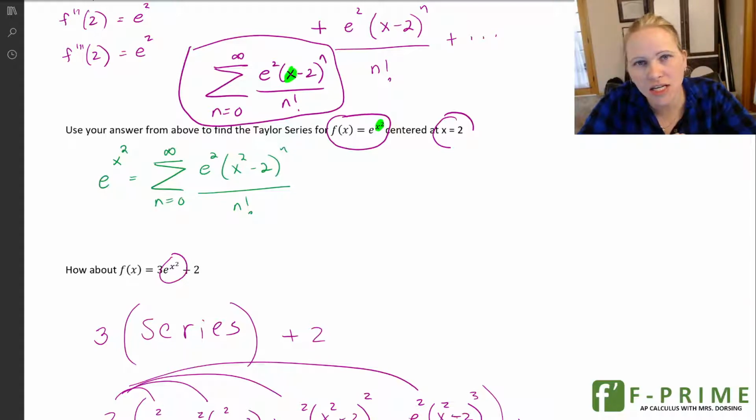So understanding that if you can recognize the basic structure of a Taylor series, like e to the x, sine of x, cosine of x, 1 over 1 minus x, and 1 over 1 plus x, and then there's a couple others in there too.